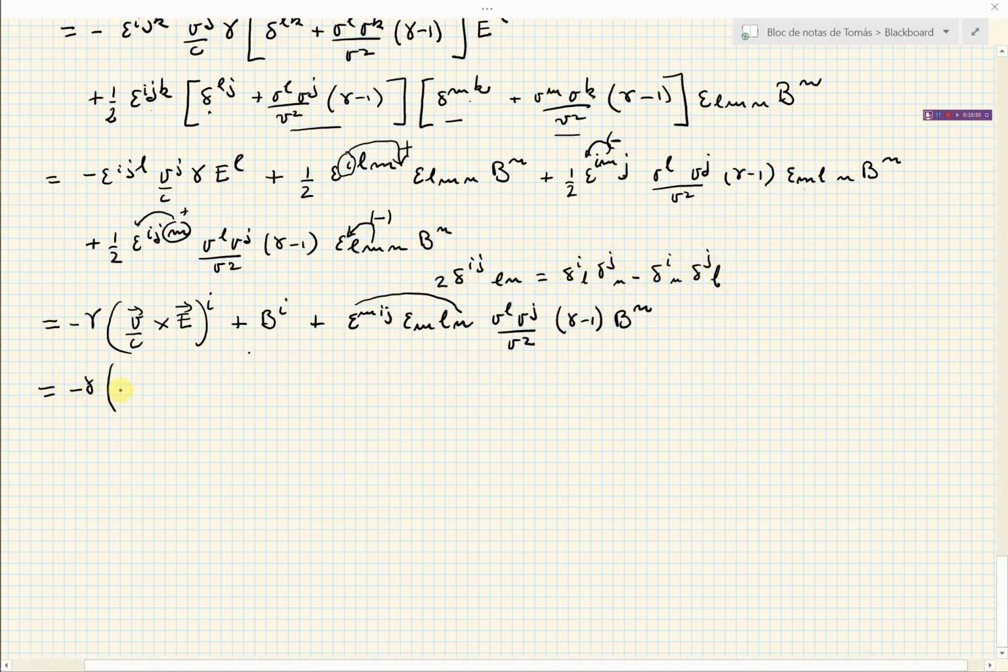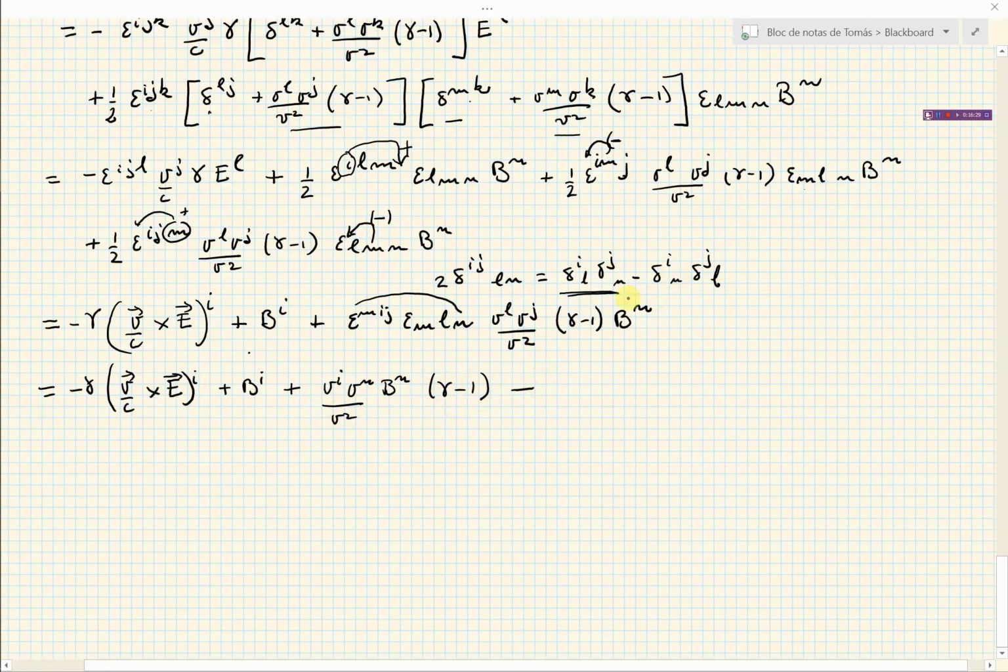So I get minus V divided by c E_i plus B_i, and then if I take this first factor with deltas, I get plus, l becomes i, j becomes n, and then I have V_n, all this divided by V squared, and this gamma minus 1.